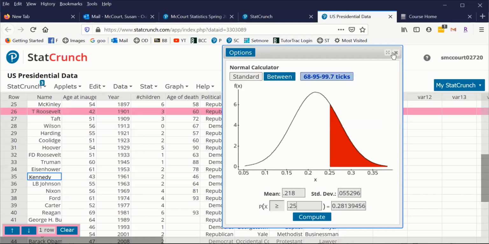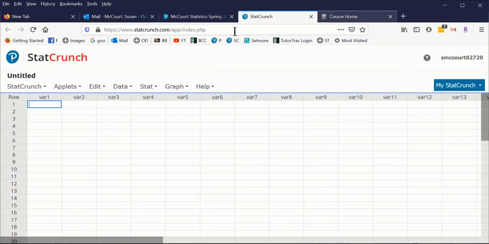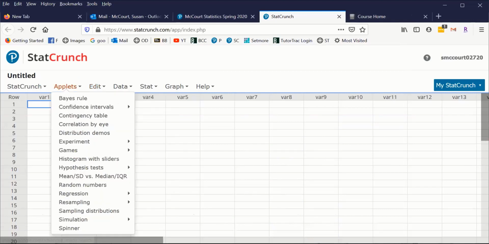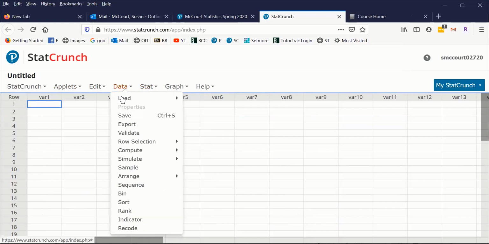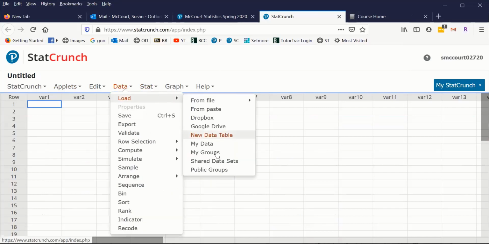So I go to StatCrunch. I'm just going to close the presidential data and go back to the blank window. Can you see the blank window? Yes. Okay. So then I need to get the data. So I'm going to go to data and load from my groups.